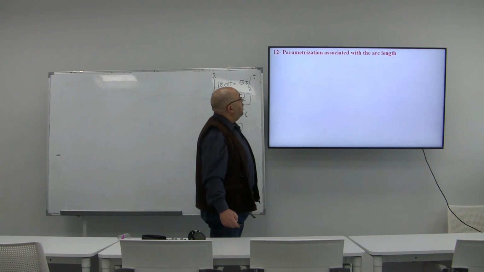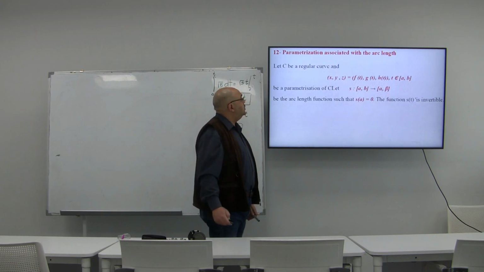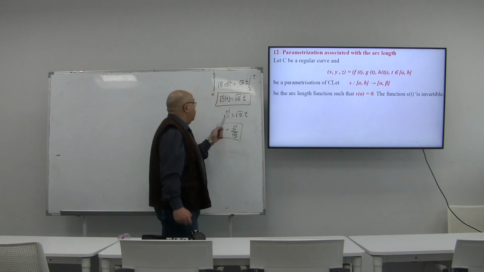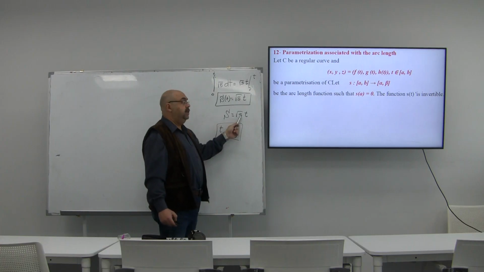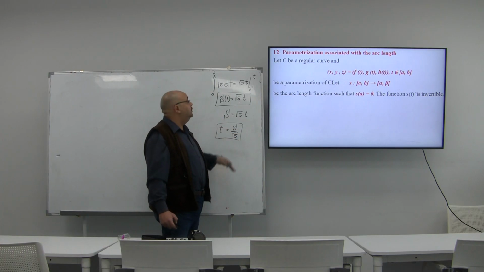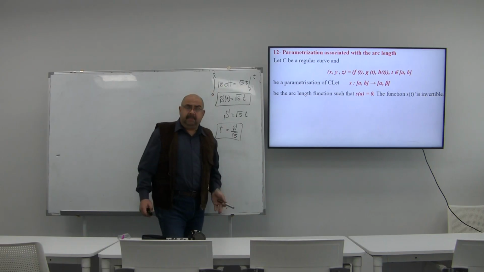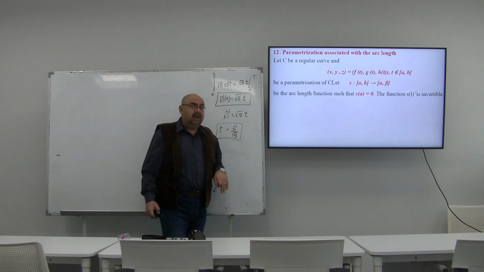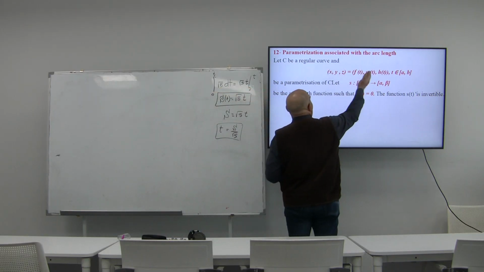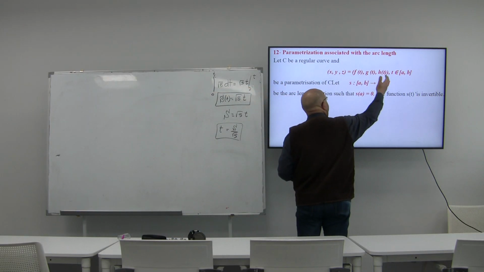Okay, parametrizing associated with the arc length. This is exactly the point that we were talking about: once you have s as a function in t, I can get t as a function in s and start parametrizing my problem once more as a function in the arc length. This is what has been stated here. x, y, and z are functions f of t, g of t, h of t, and t belongs to the interval a to b.